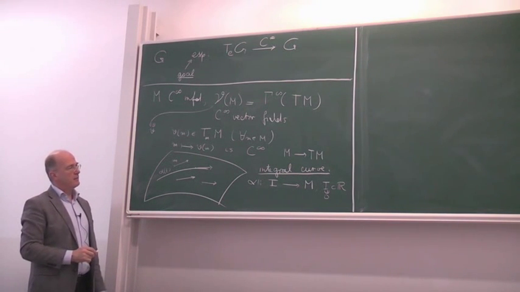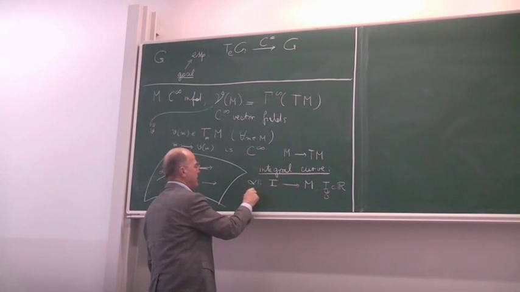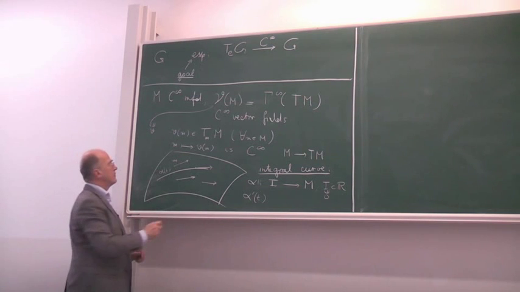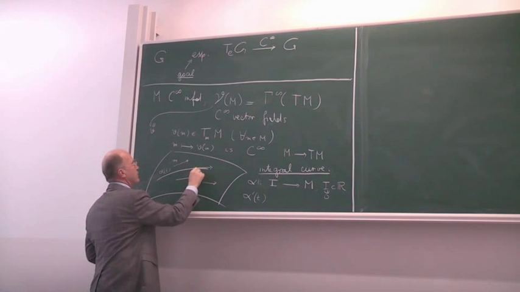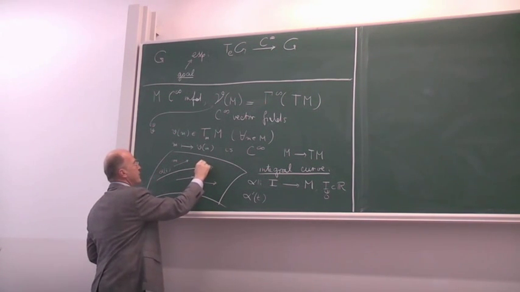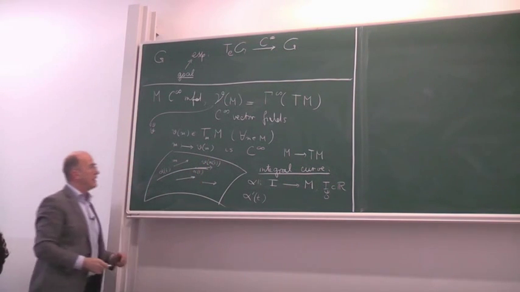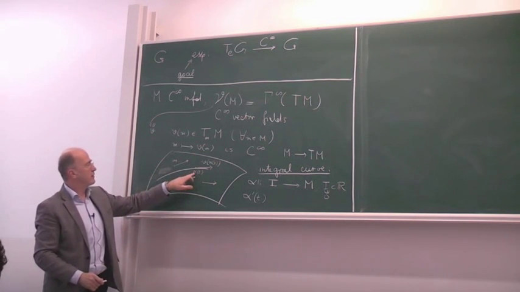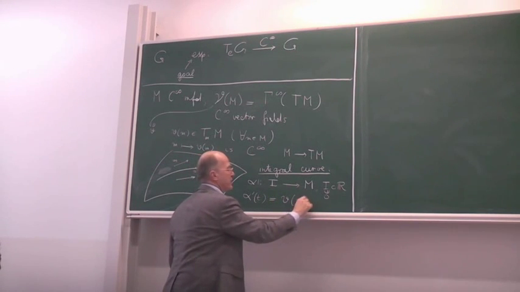Alpha should satisfy a differential equation, and the differential equation is that if you take the velocity vector of alpha at the point t, then this should be equal to the vector field at the point alpha of t.